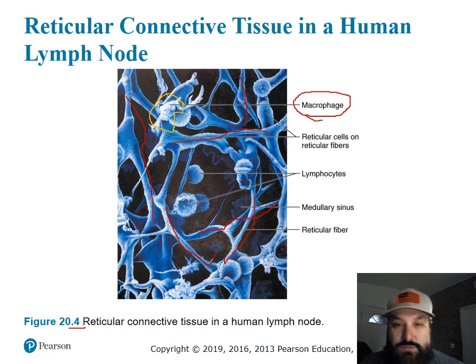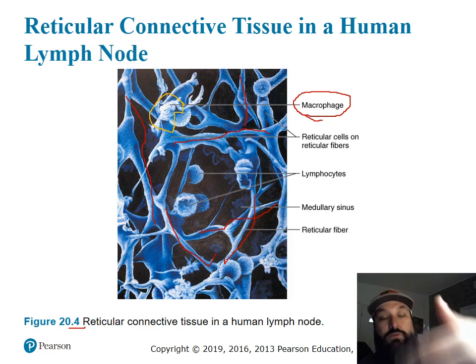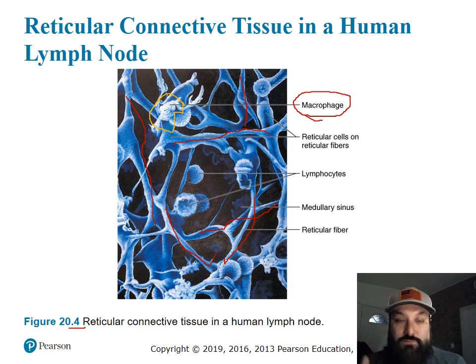These macrophages are there to patrol the fluid, because in between this empty space we have lymph fluid going through from the vessels into these lymph nodes. You see many lymph nodes there on its way to the ducts.